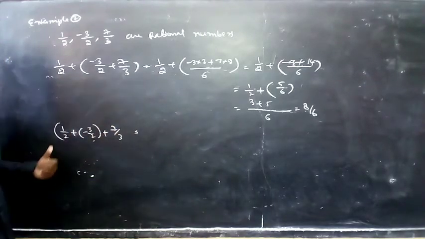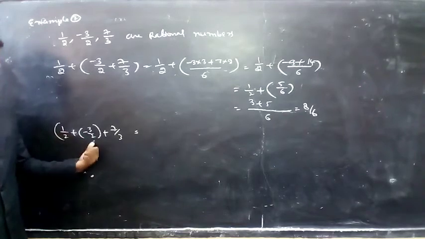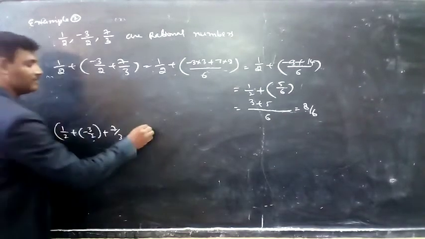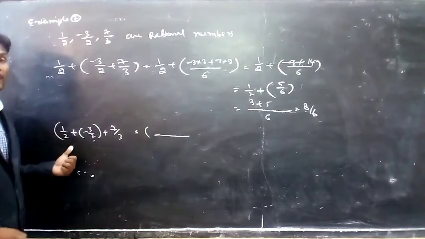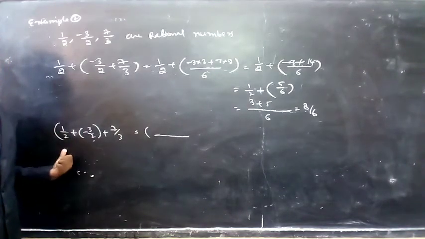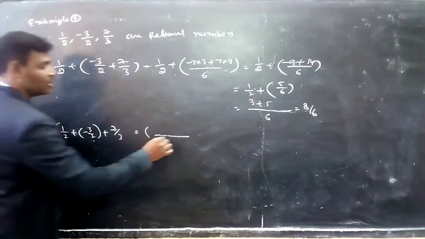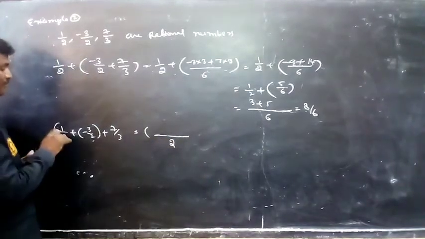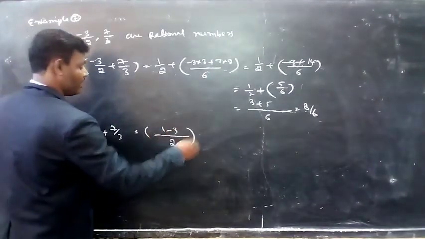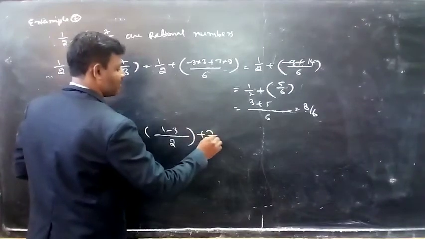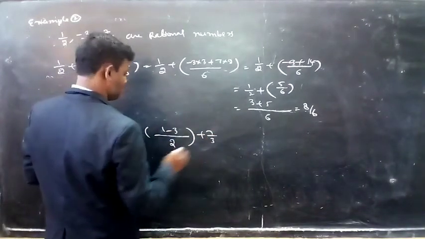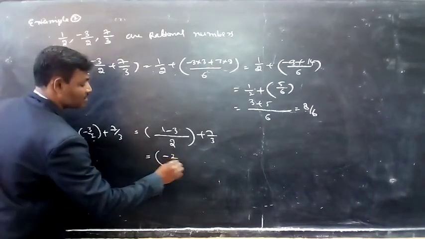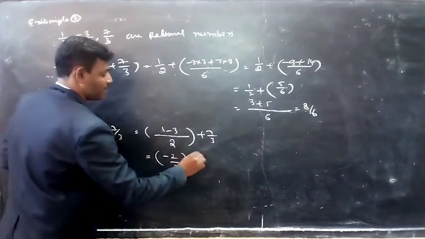Next, I need the result of 1/2 + (-3/2 + 7/3). See here, 1/2 and minus 3/2 are like fractions, so the LCM is 2. 1 minus 3 by 2 is nothing but minus 2/2, plus 7/3.